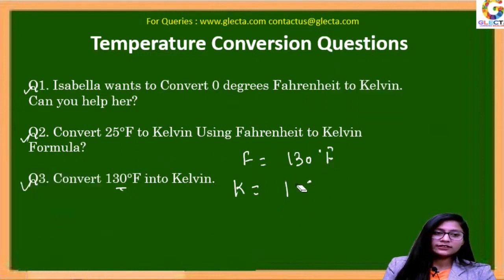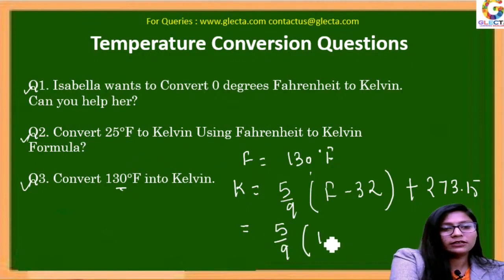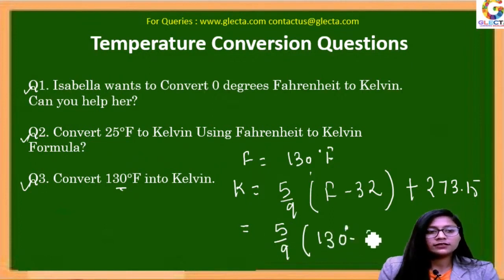By mistake, I wrote this one. Yes, it's 5 by 9 times F minus 32, then add 273.15. You will get your answer. 5 by 9, F would be equal to 130 minus 32 plus 273.